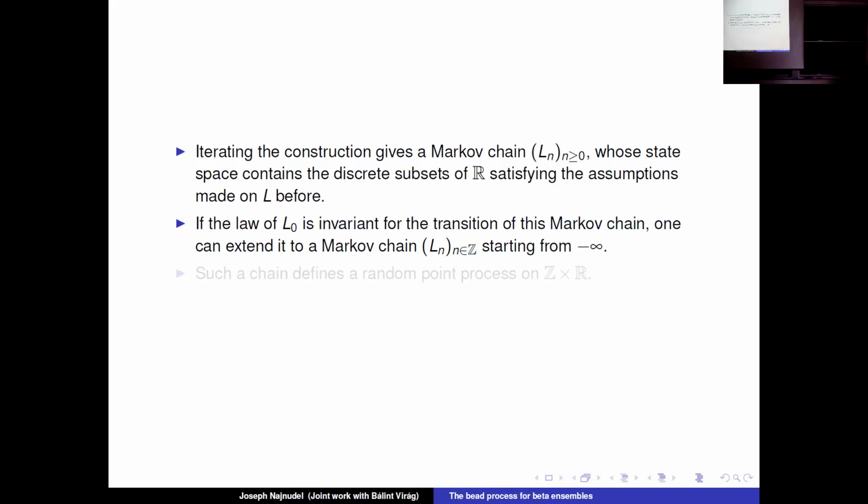So we would get a stationary Markov chain, and we can start from -infinity, because we can start from the invariant measure, and then when we couple, we can define something starting from -infinity, and then we deduce a random point process on Z times R, because if we have -1, 0, 1, 2, and we start with some levels, and we do this Markov mechanism.